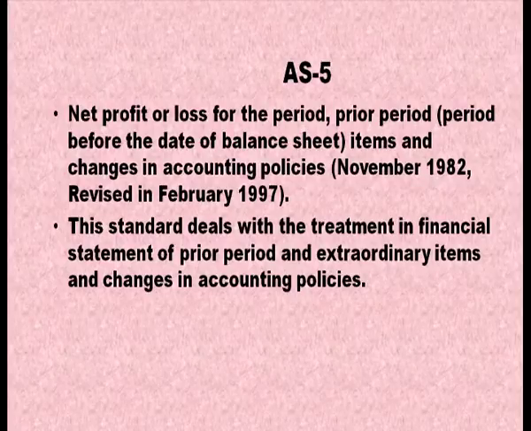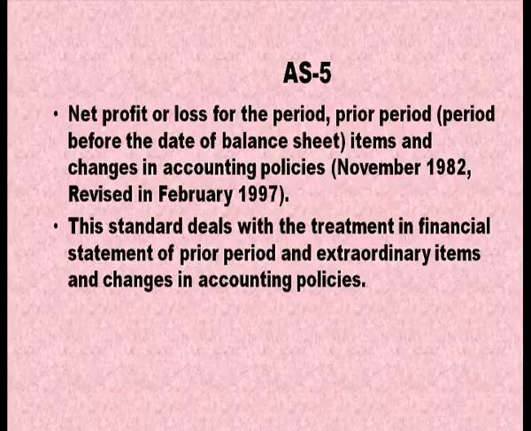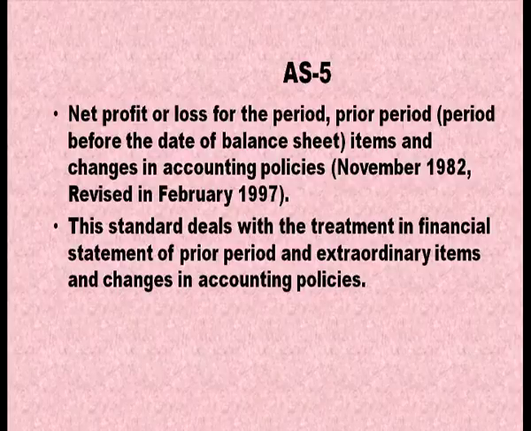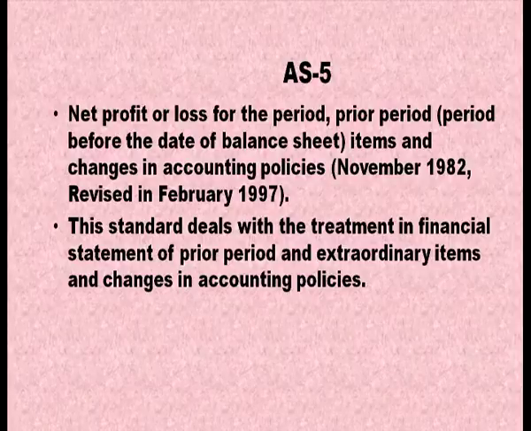So, AS4 deals with the treatment of contingencies and events occurring after the balance sheet date. Accounting Standard 5, net profit or loss for the period, prior period items and changes in accounting policies, are mentioned in AS5. Accounting Standard 5 deals with the treatment in financial statements of prior period and extraordinary items and changes in accounting policies.